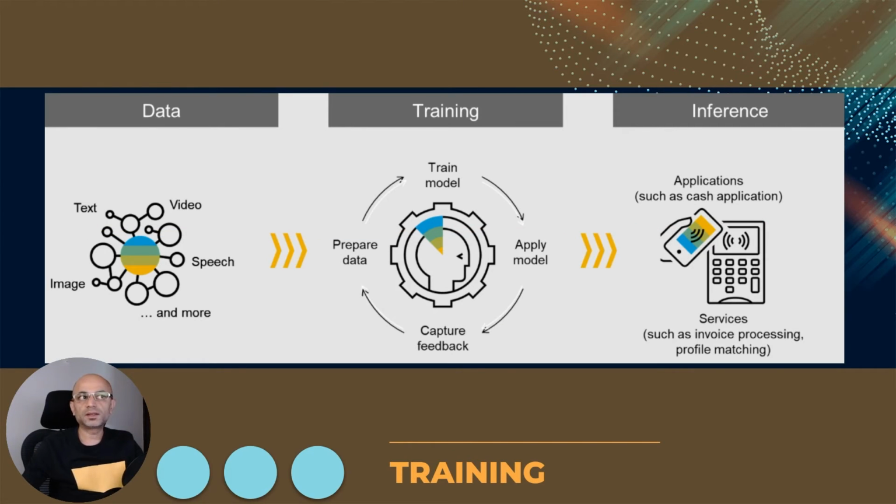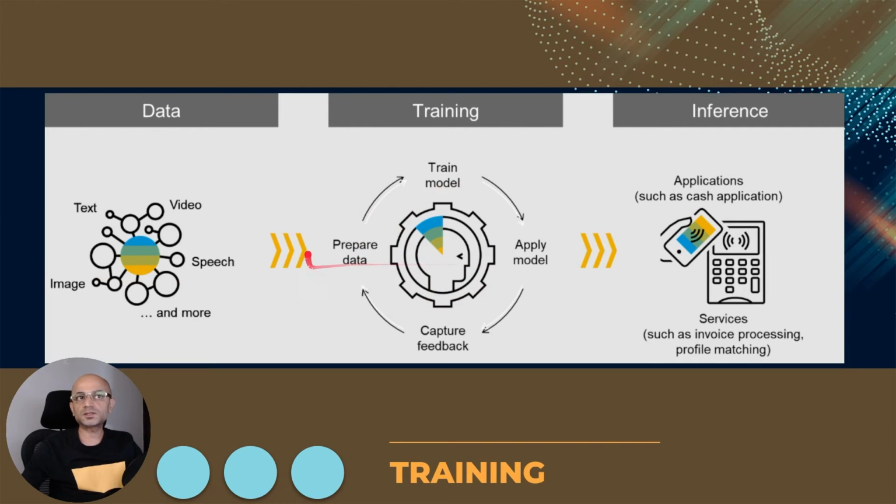And what is training? While training a model, we will have a lot of data which is specific to the problem that we are solving. The data may be in the form of text, video, image, speech, and more. As part of the training, we feed the data into the model, and the ML algorithms will use the data to build and train the model.